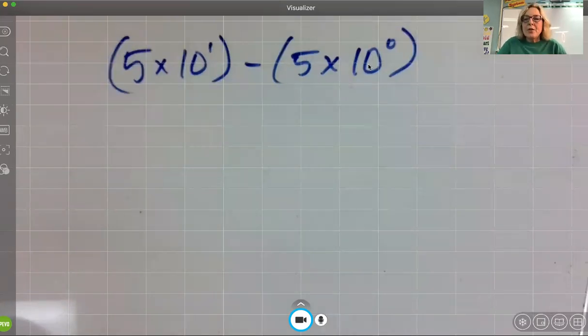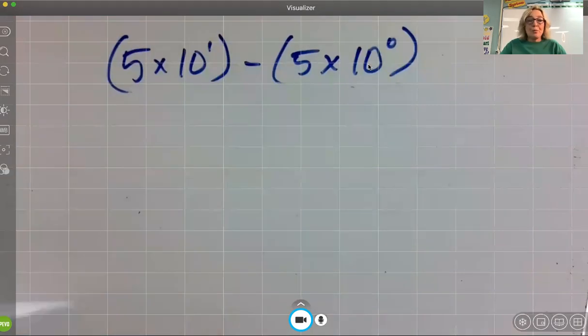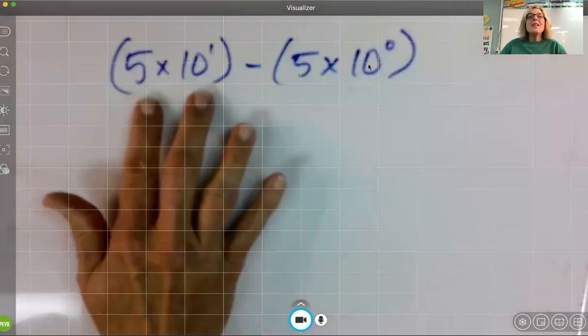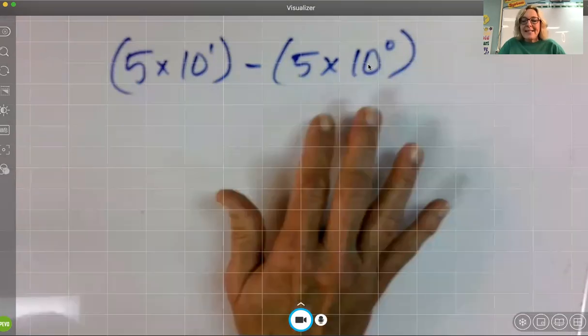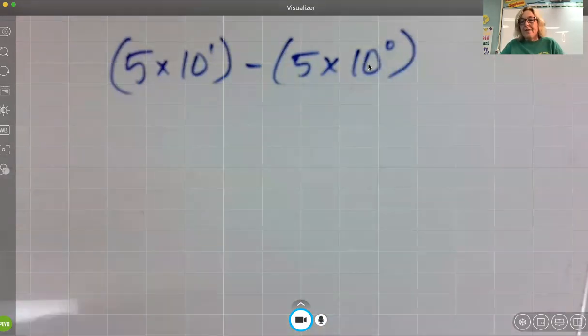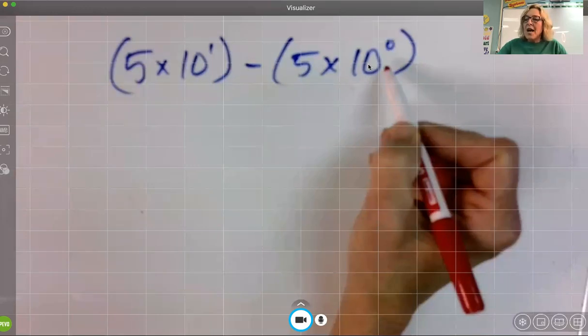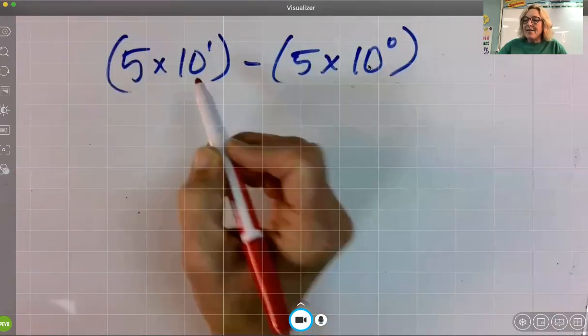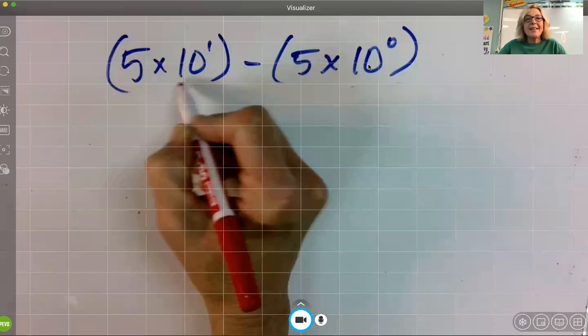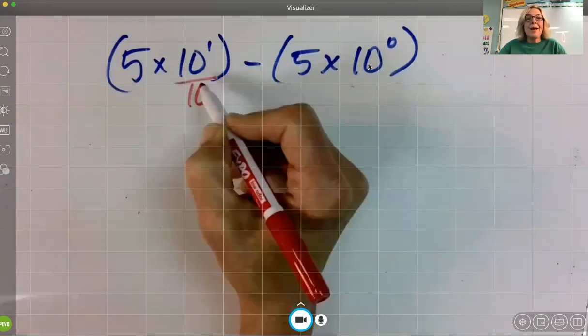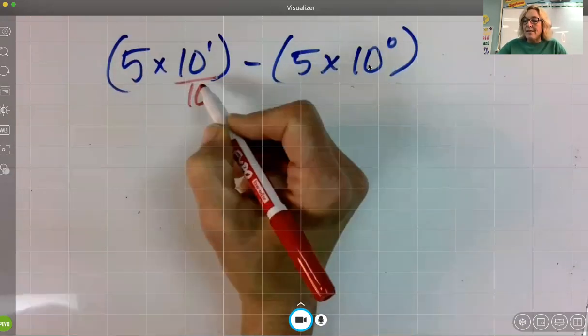We are going to rewrite one of these groups, one of these products, so that they have the same power of 10. So let's think about how we might do that. If this is 10 to the 0 power in the second expression, and this is 10 to the first, I could make this 10 to the 0 power by dividing 10 to the first by 10 to the first, and that would give us 10 to the 0.